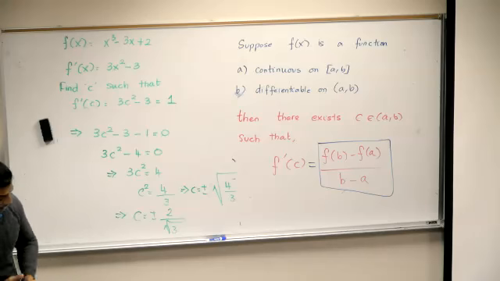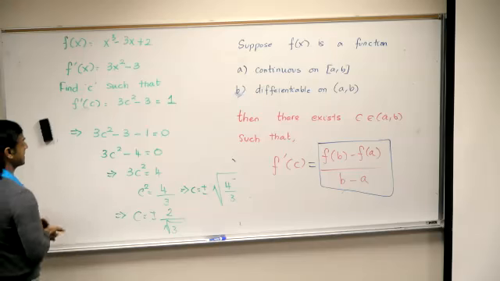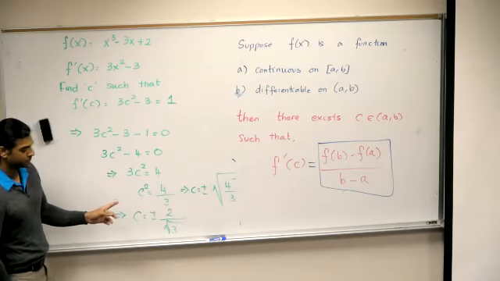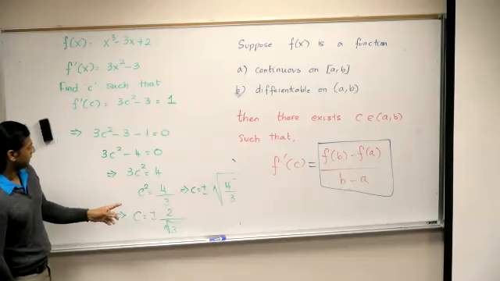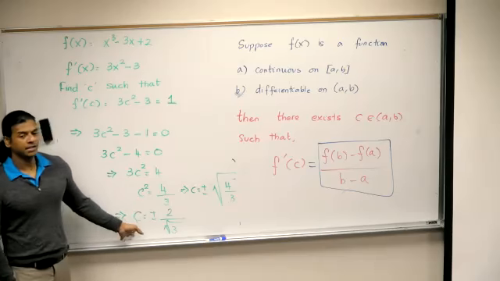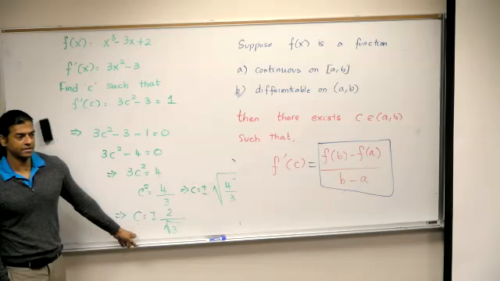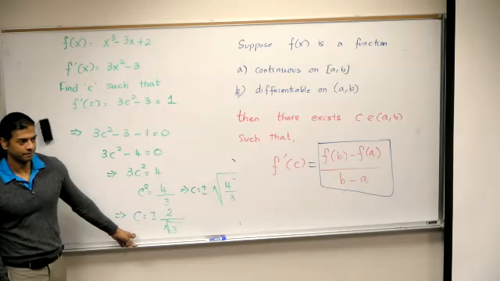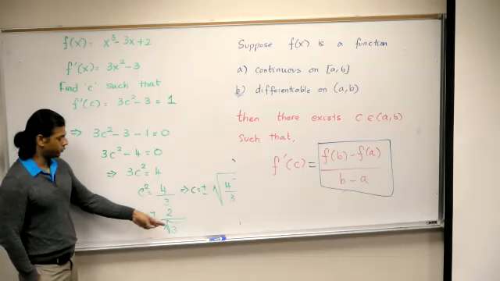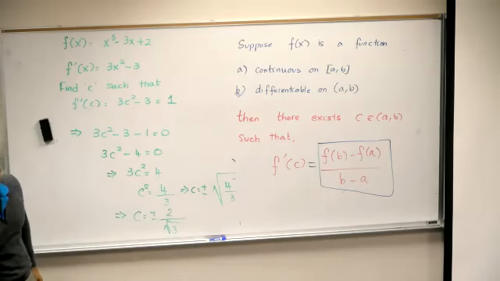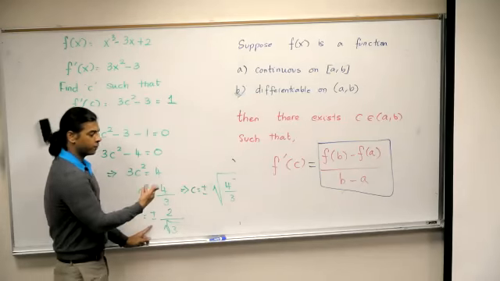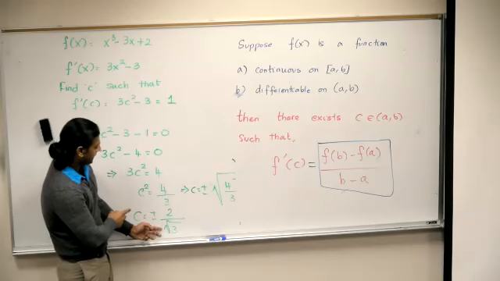So that will be 1 point something. Possibly 1.3. So plus or minus 1.3 approximately. Does that lie between -2 and 2? Yes. Could you go ahead and see what the point is? This is 1.15. I overestimated.